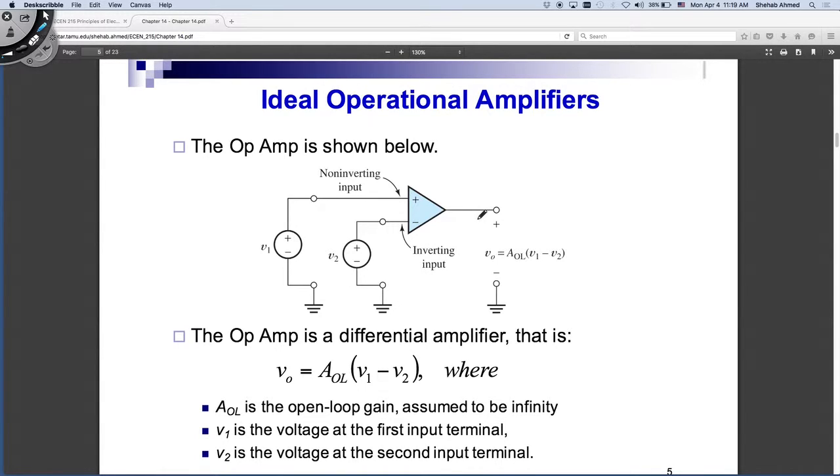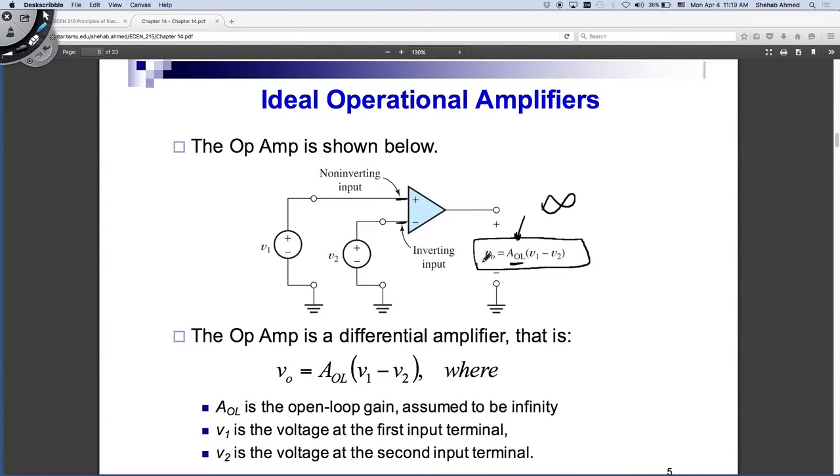The ideal op-amp has an output voltage equal to the difference between the non-inverting input and the inverting input multiplied by what is called the open loop gain. The open loop gain for an ideal op-amp is very close to infinity, very large.